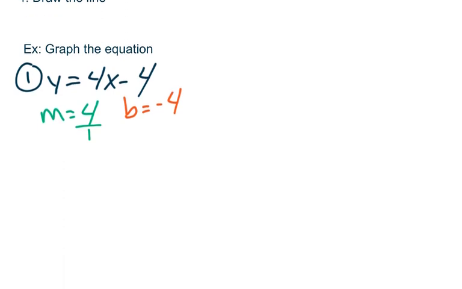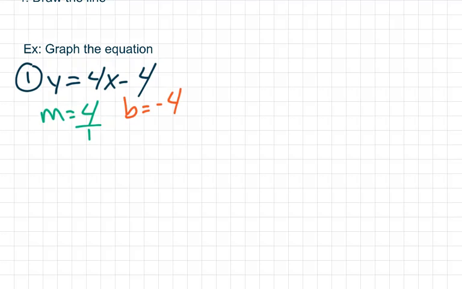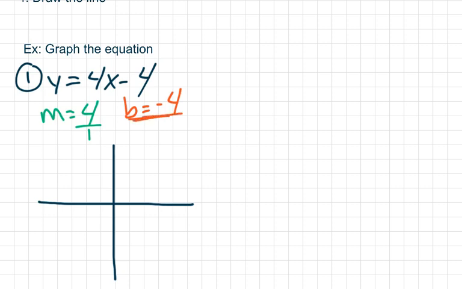All right, so when we graph this, let me bring in some graph paper here. Let me draw our axis here. We start at the y-intercept of negative 4. So 1, 2, 3, 4. Negative 4 is right here. We graph it on the y-axis.